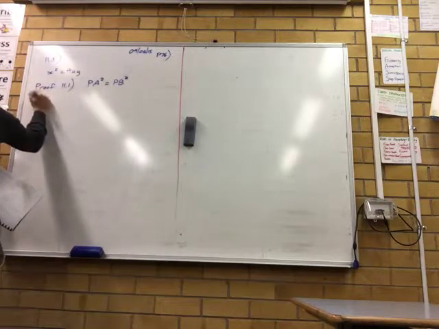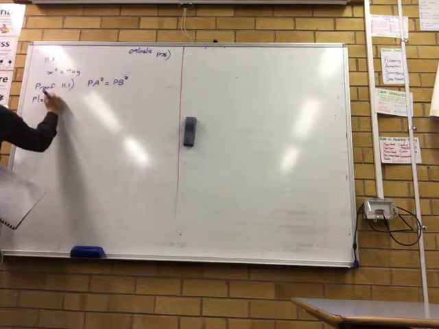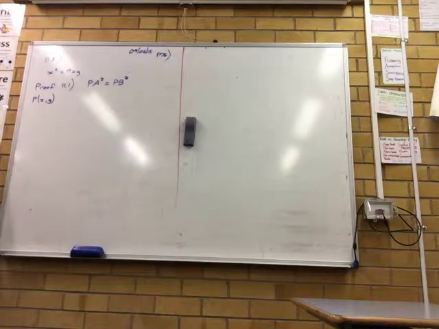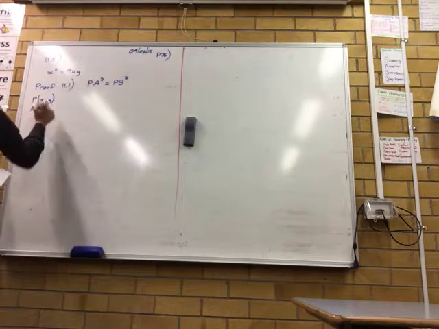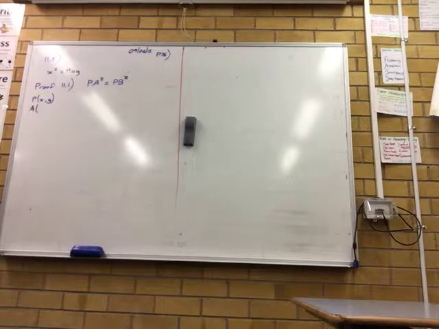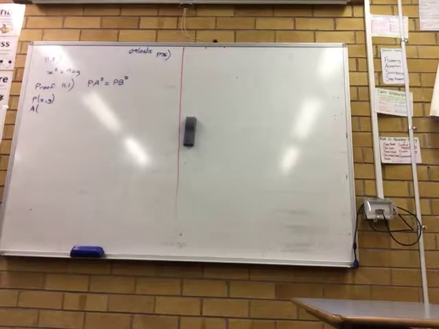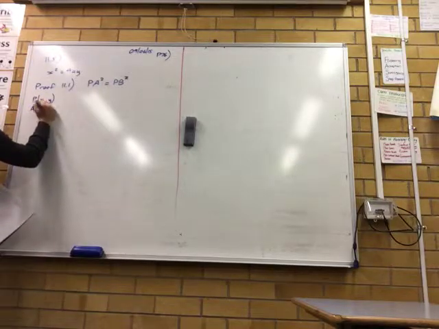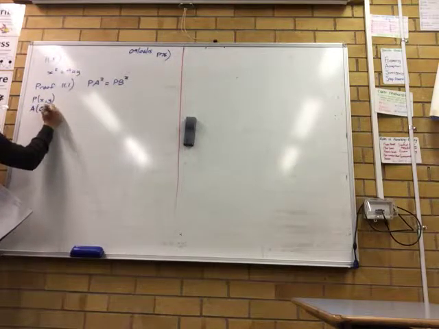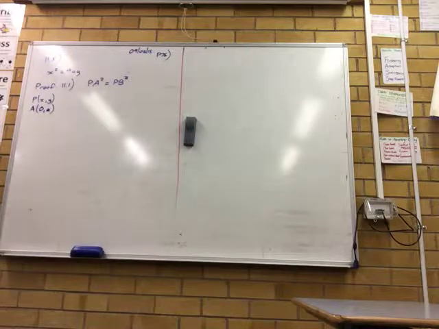We have the point P, which is (x, y). Remember that is your point that moves for the given condition, that PA is equal to PB. You have the point A, which gives you a set coordinate, (0, a), and a is the focal length.